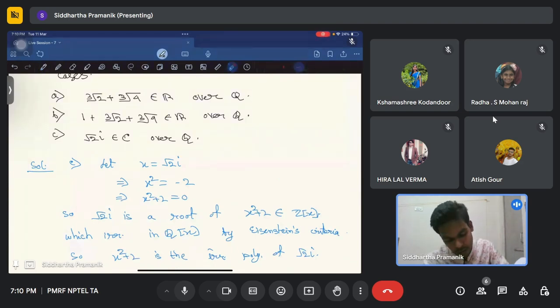In the lectures, if you can recall, we found the irreducible polynomial for root 2 plus root 3 over Q, right?